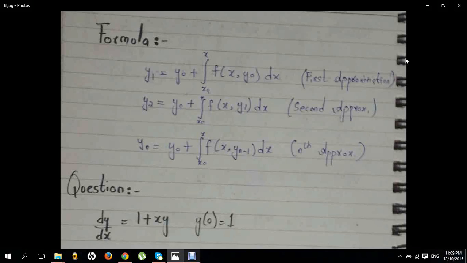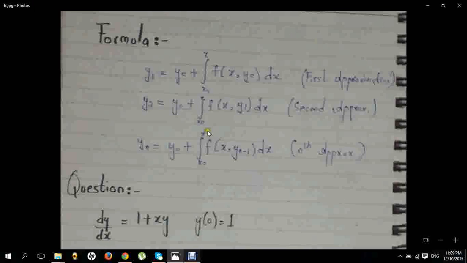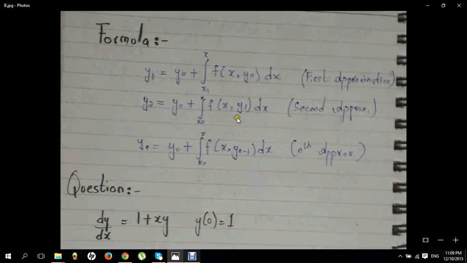So for the second approximation, we will do y2 equals y0 plus the integral of function of x and y1 by dx. The limits here are x and x0, similar to the first case.